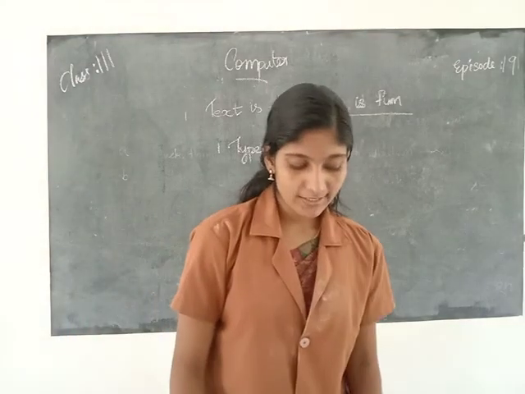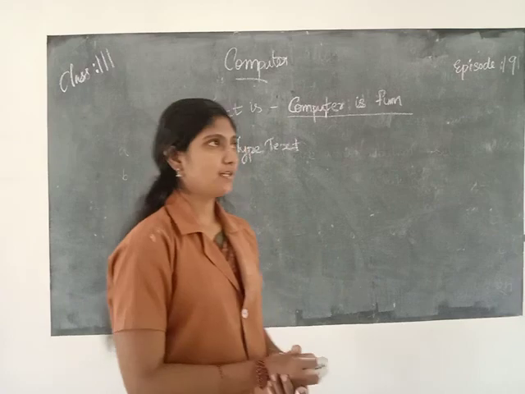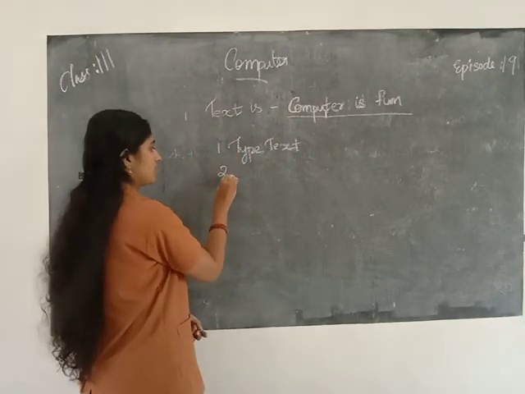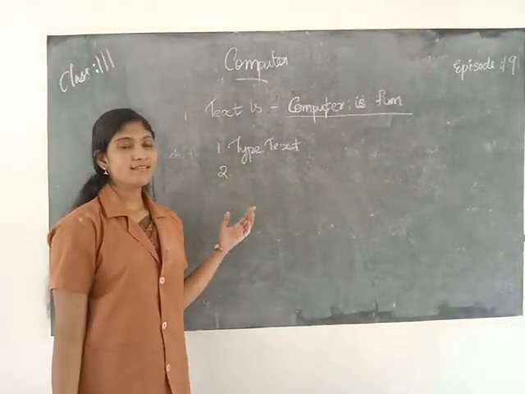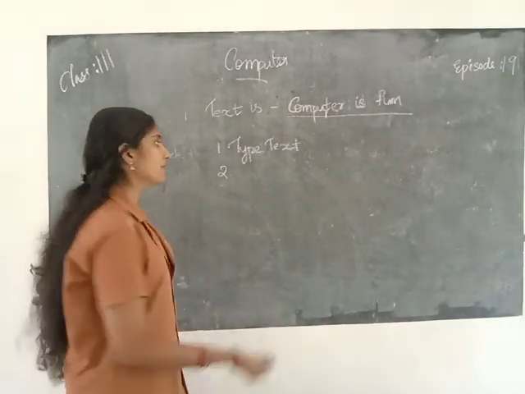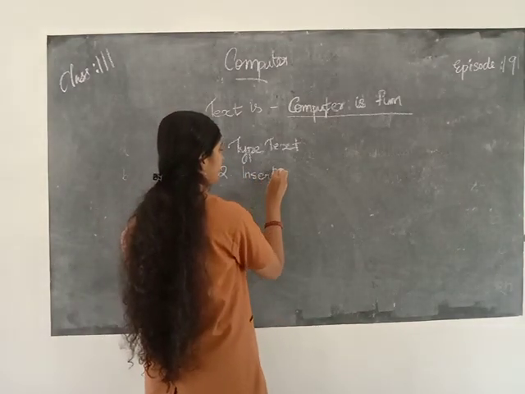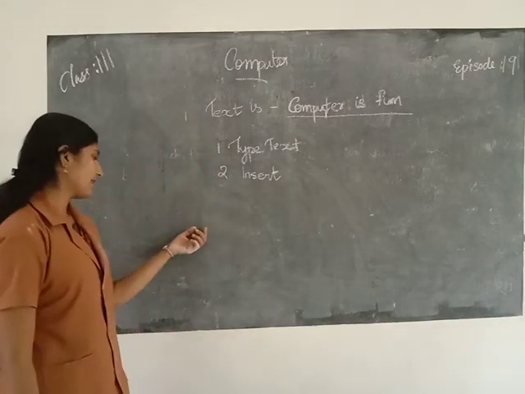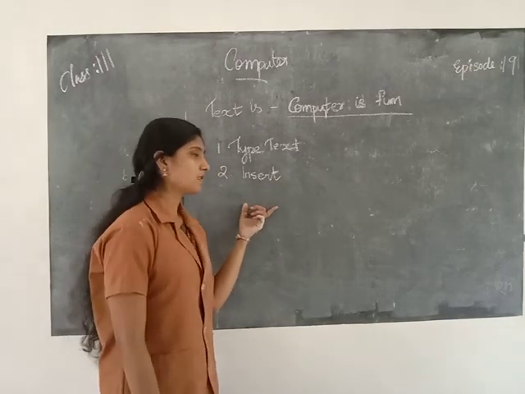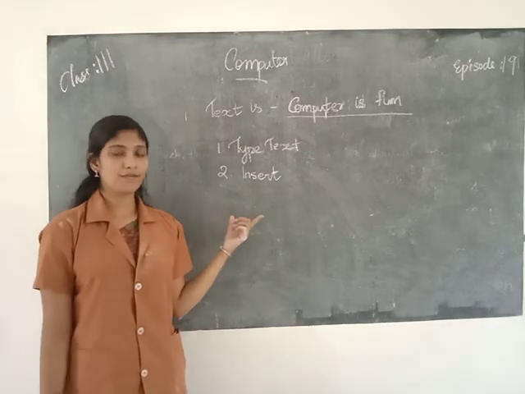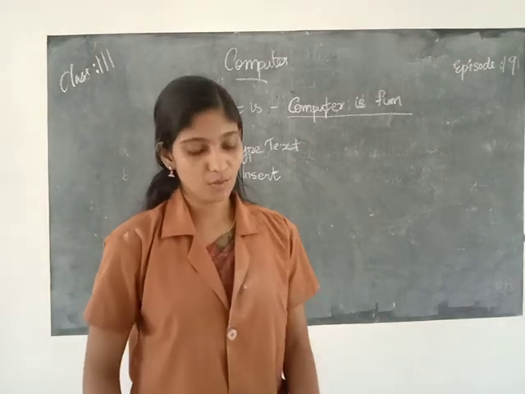Then, which tab will you click to insert a picture? For inserting a picture, we can click the Insert tab. The Insert tab is used to insert a picture from the folder into the document.